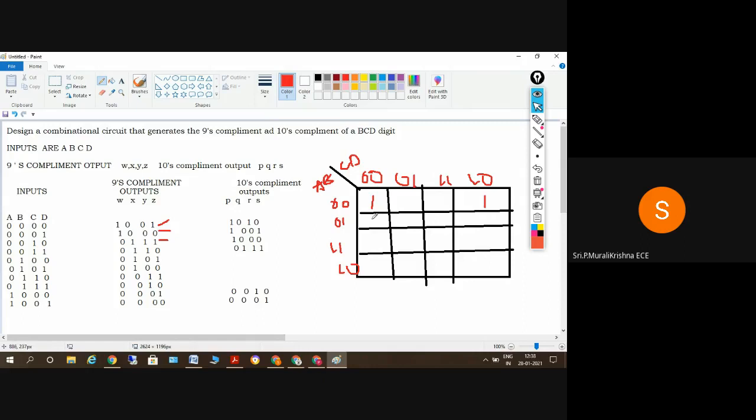Okay, and there is no 3, we have 4 and 7. Okay, and the other value is 8. For 8 it's equal to 1, and we have two don't cares here. Okay, so this 4 and this 4 can form an octet. Okay, so when I group these two, I'll get D bar here, so Z is equal to D bar. Okay, so the equations are like this, so Z is equal to D bar, Y is equal to C.